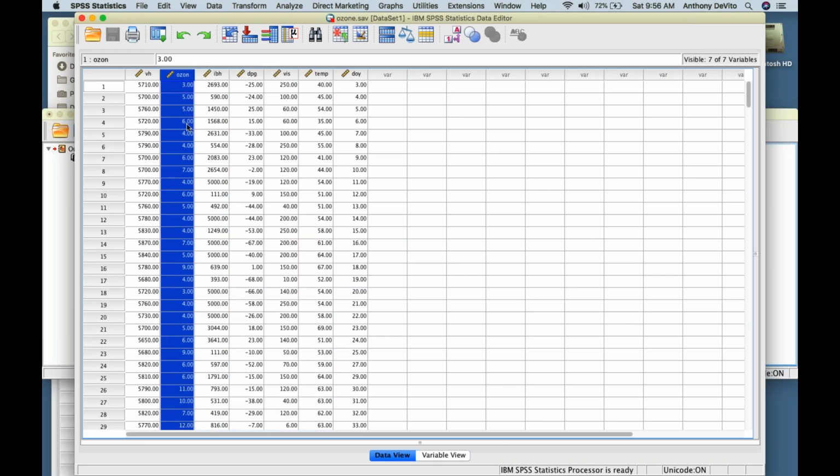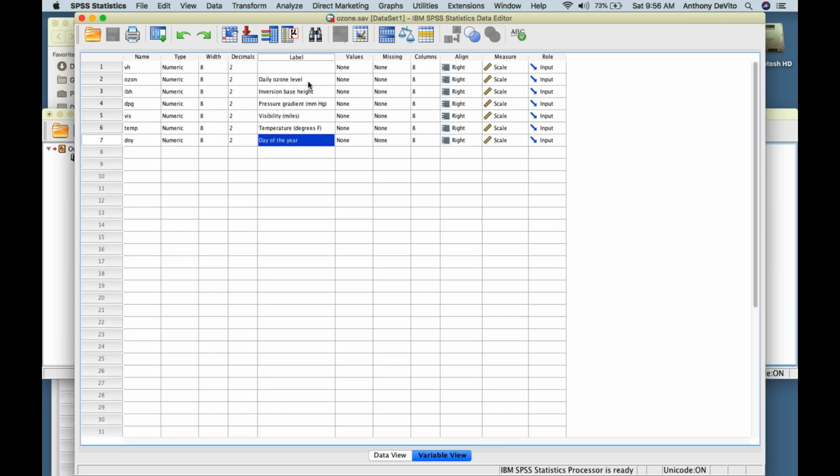So I'm going to say to myself, it would really be useful if I could see if there's an association between these various variables: the inversion base height, the temperature gradient, the pressure gradient, in other words the barometric pressure, the visibility, the temperature, things I might be able to find pretty easily online or measure from the ground, if that has some influence on the daily ozone level.